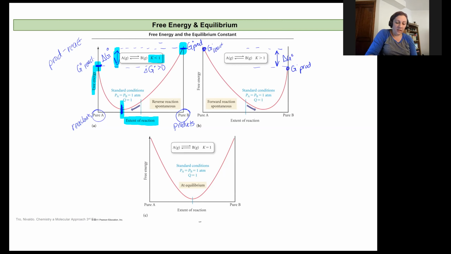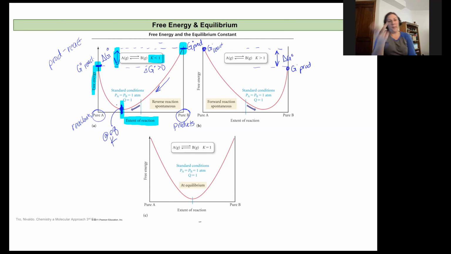And so this right here, this is when we are at equilibrium. It's when we've reached K for the reaction. And so we're minimizing the amount of free energy when we're at equilibrium.